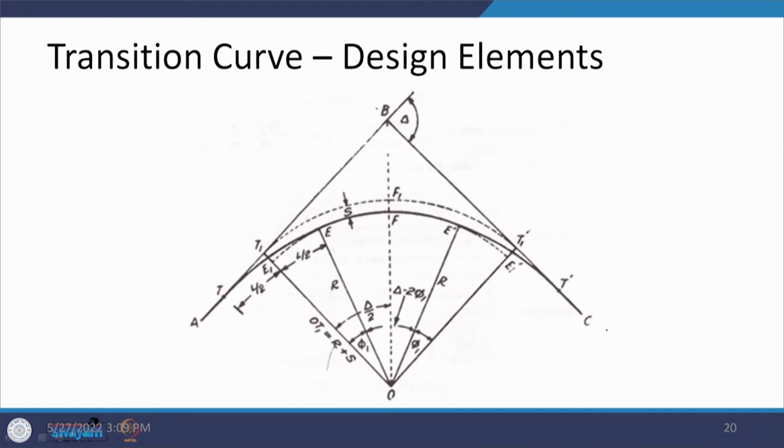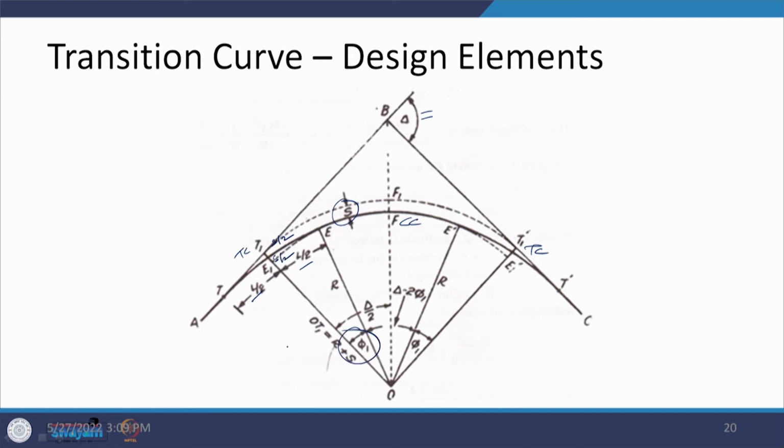Now, coming back to the design elements we have discussed previously, just referring back. We have a circular curve here, a transition curve on this side and a transition curve on the other side. There is a shift S, and a deflection angle or deviation angle delta. The shift becomes a quarter of the length of the transition curve, so you have S by 2 here and S by 2 on this side.